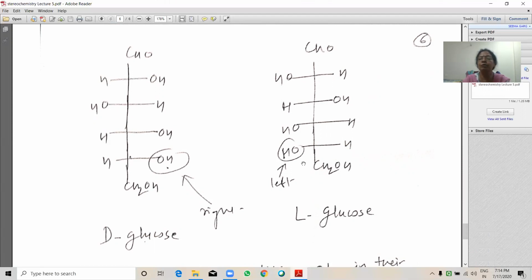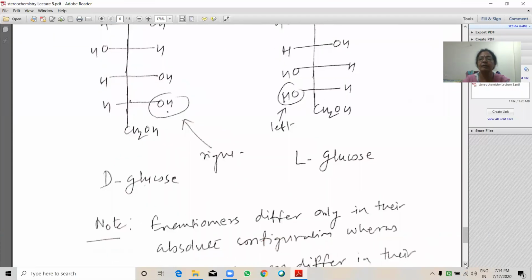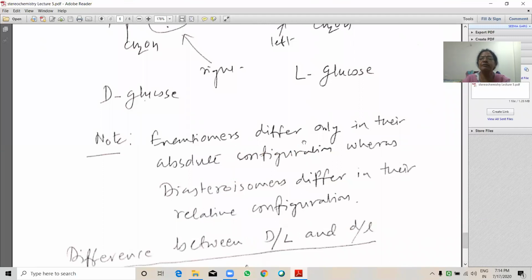In this molecule, the hydroxy group is on the left hand side, so it is L-glucose. Enantiomers differ only in their absolute configuration, whereas diastereoisomers differ in their relative configuration.